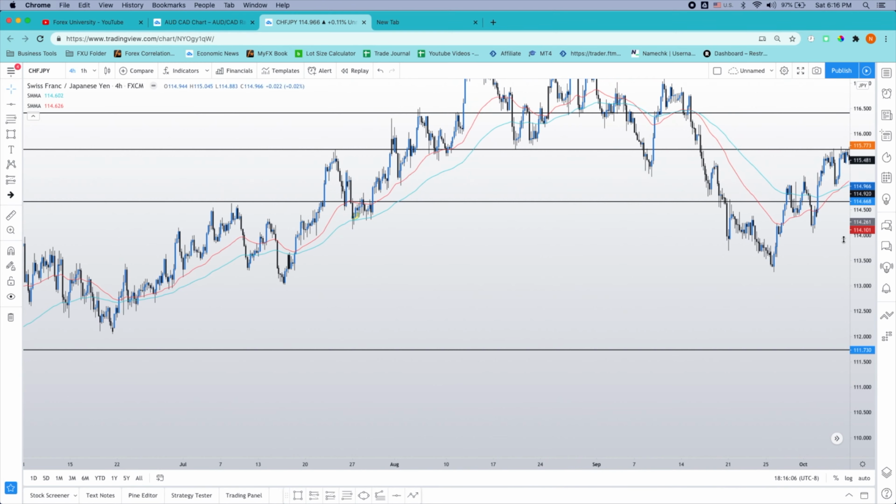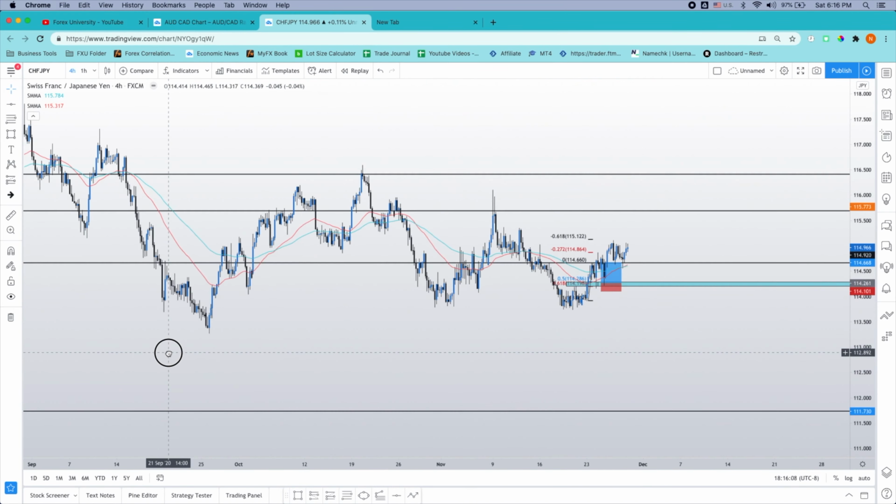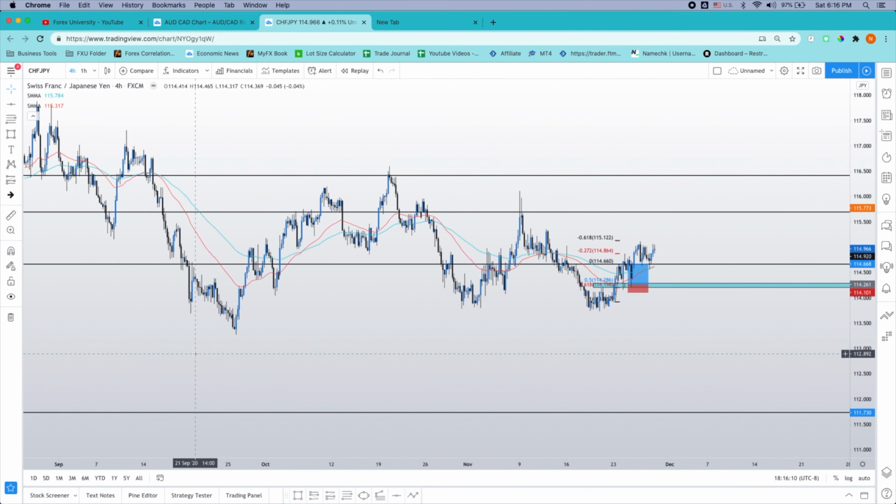You want to look for extra confirmations to get into those entries. The Fibonacci tool isn't perfect. It's not 100% perfect. So just use it as a great tool to get into pullback trades, for break and retest trades.